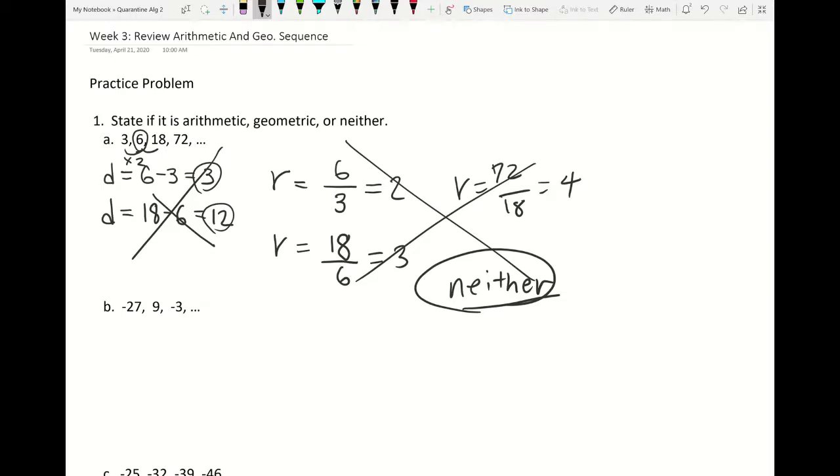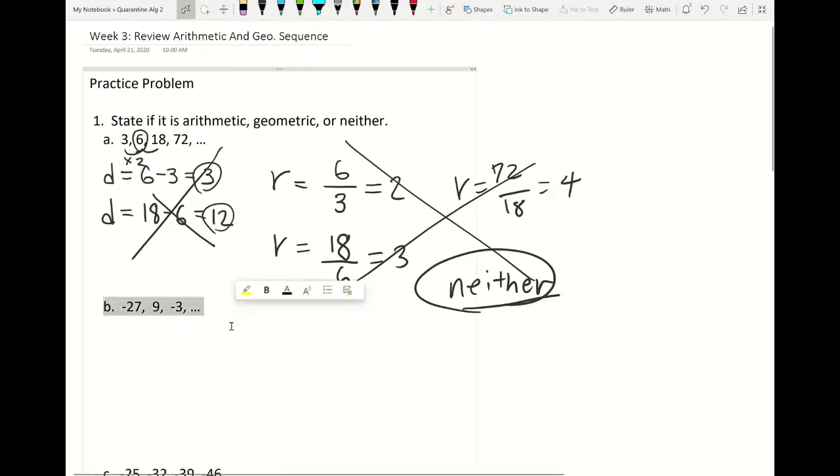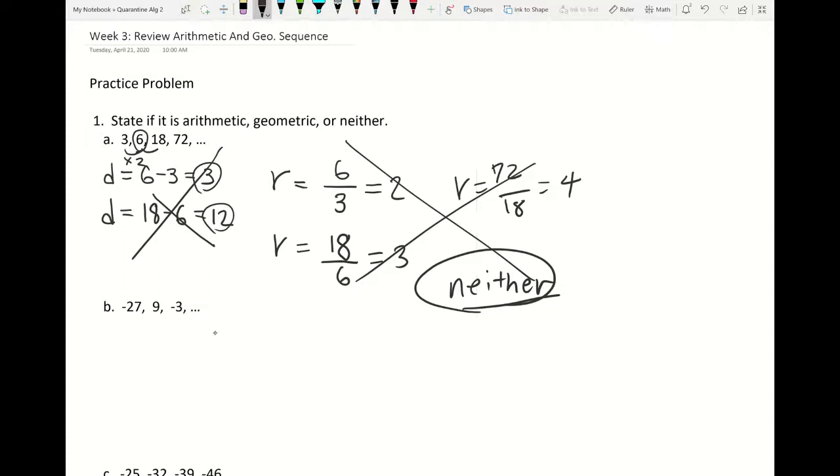Let's move on. So for B, when you look at the problem B, does anything stand out to you? One feature that I was hoping that you would pick up was that the sign is alternating. First number is a negative number, second one is positive, third number is negative again. Now when you see that, what can you conclude?